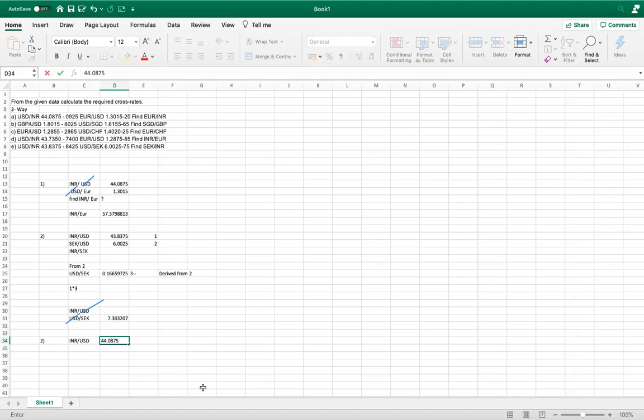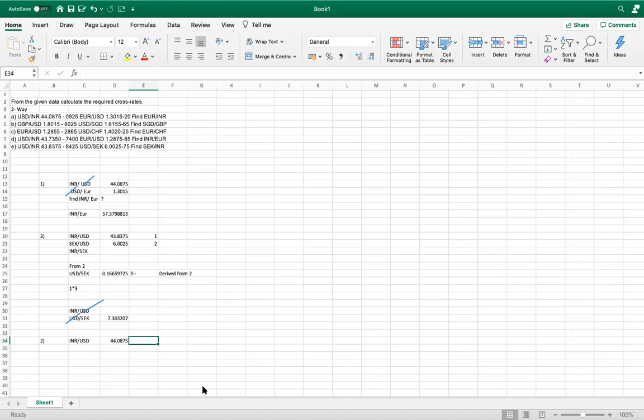44.0875. See, observe. Problem में से मैंने दो सबको change किया है क्योंकि it is easier for us to remember. If you don't remember which is stronger currency, which is weaker currency, you can always remember number of INR per USD, number of USD per euro, right? That is how you remember. It's easier to remember with this because per slash always stands for per.